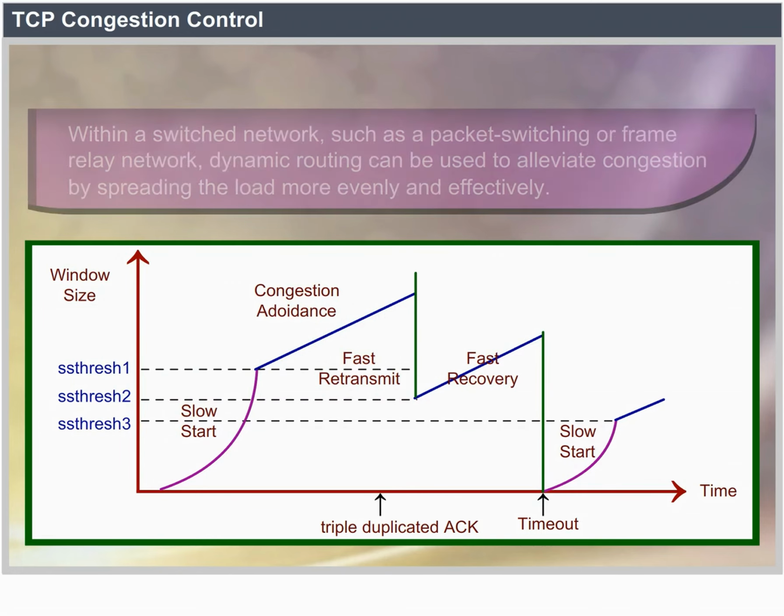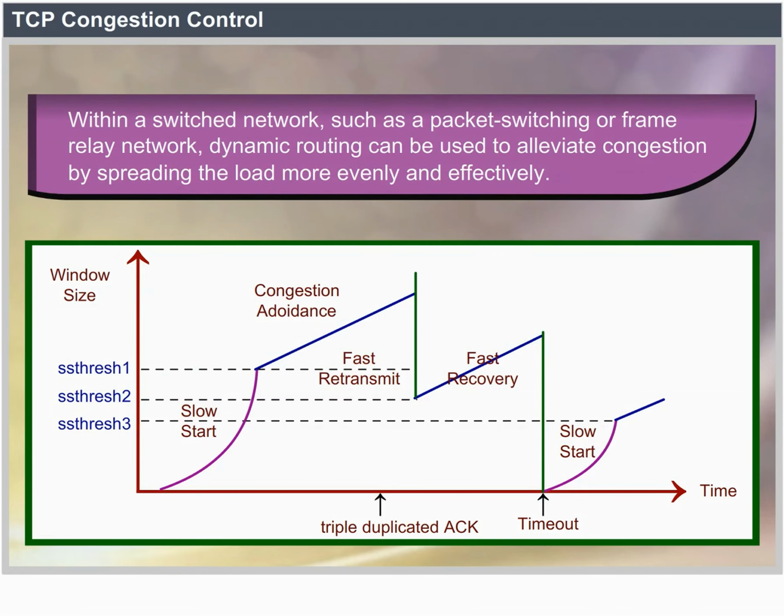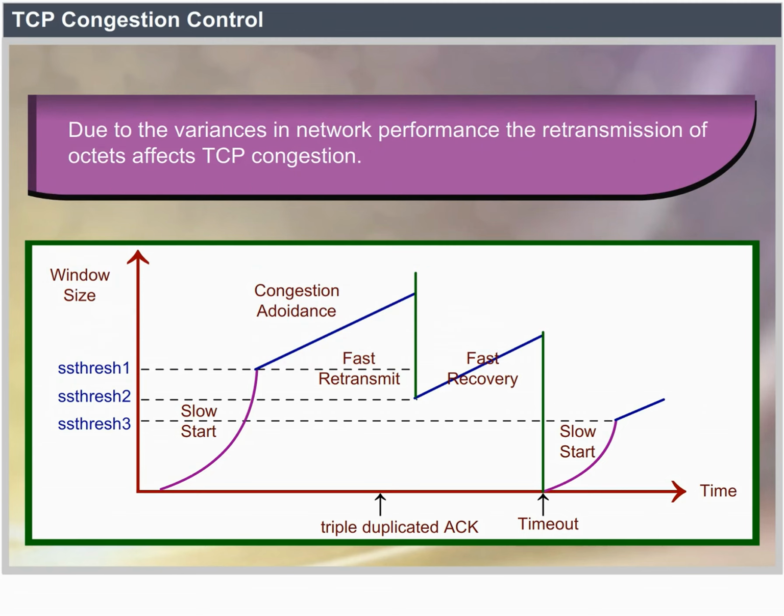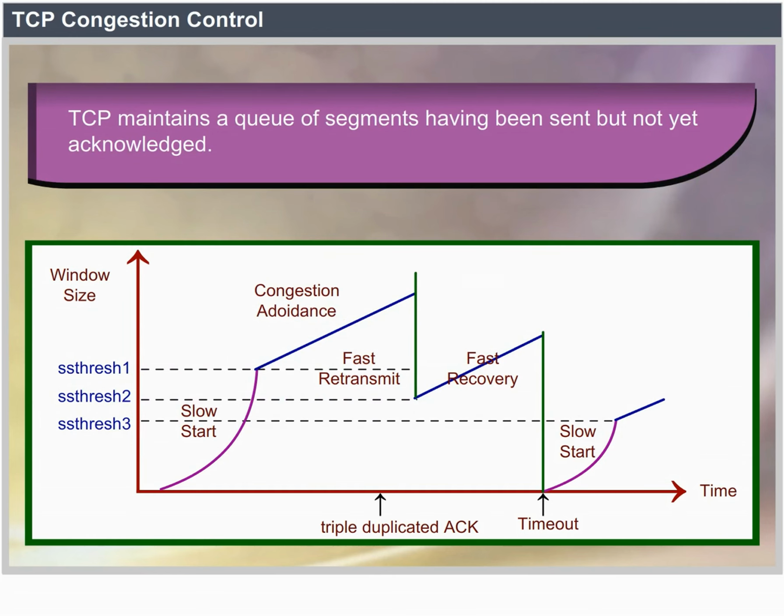Within a switched network, such as a packet switching or frame relay network, dynamic routing can be used to alleviate congestion by spreading the load more evenly. Due to the variance in network performance, the retransmission of octets affects TCP congestion. TCP maintains a queue of segments that have been sent but not yet acknowledged.